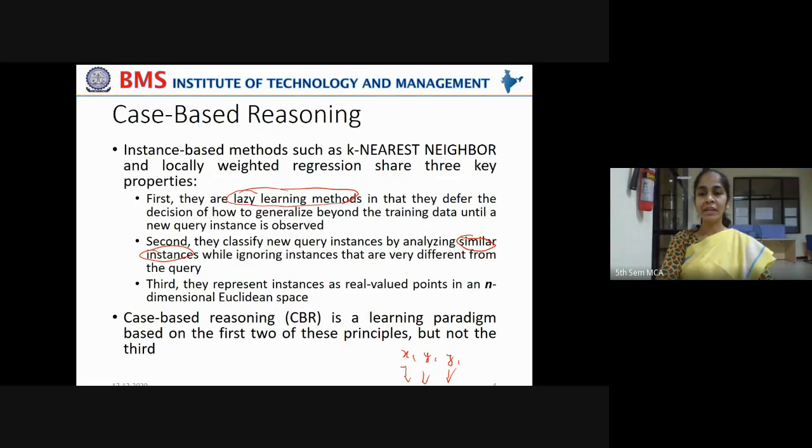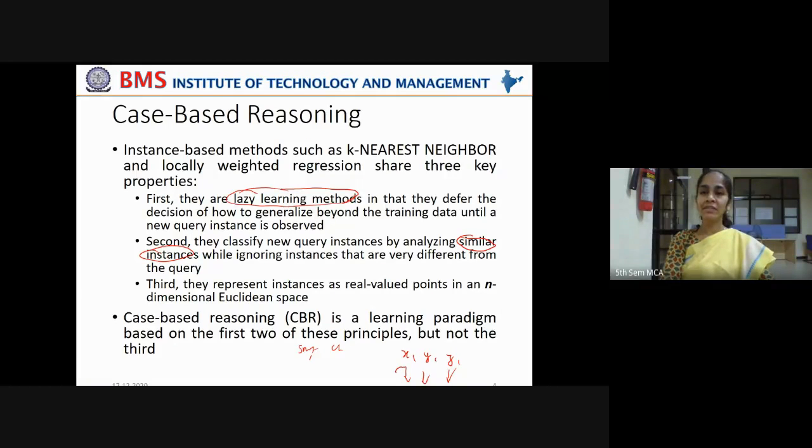If there are attributes like sunny, yes or no, cloudy, yes or no, humidity, high or medium or normal, can you measure the distance between the new data point and the existing data point? It is not possible. Why? Because they are in the form of words, not numerical values. In that case, k nearest neighbor doesn't match.